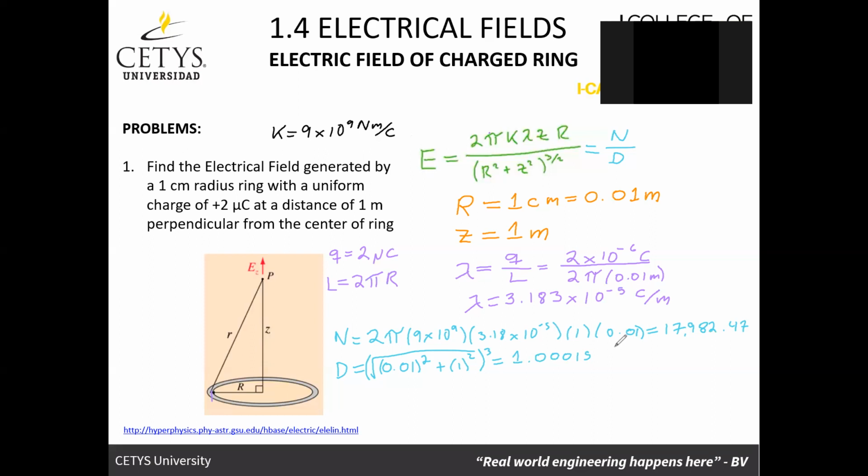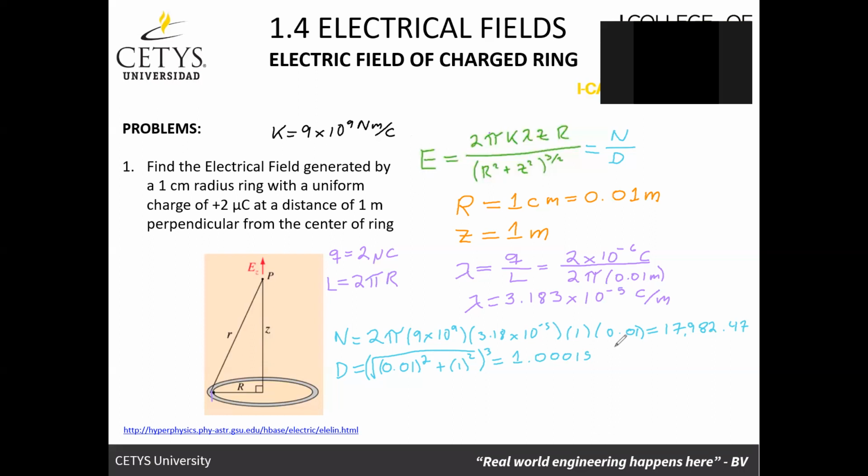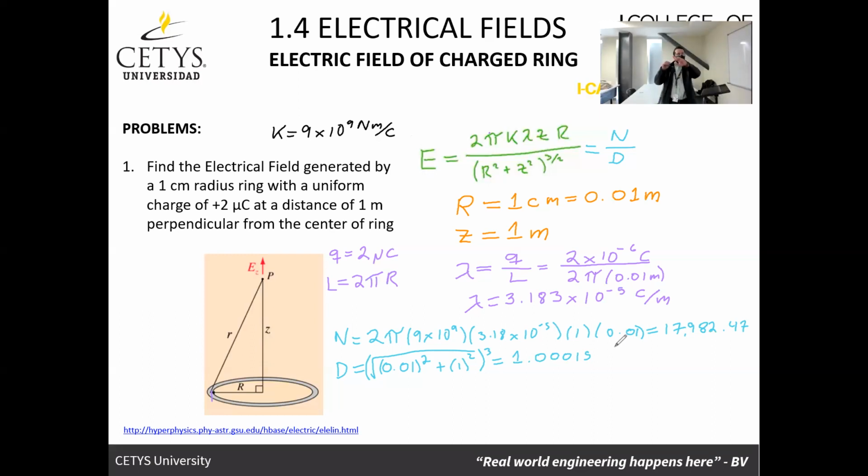Oh, it's because I didn't do the square? Square root, it's because in the formula it's to the 3 halves, so I did it like that. So that's another thing. It's very important to do the operations from the inside out. First we're calculating the part that's inside: 0.01 to the square plus 1. Once we get that, we calculate the square root and then we elevate to the 3.